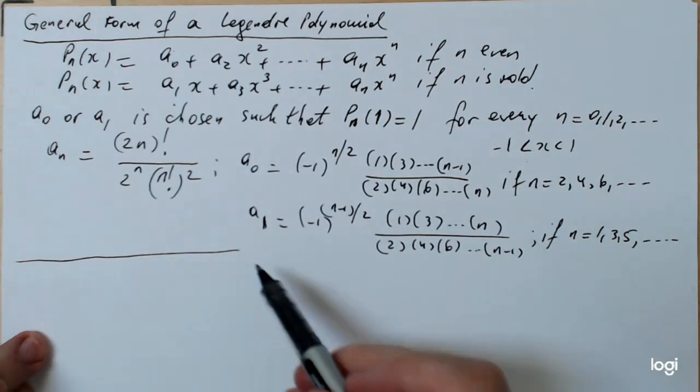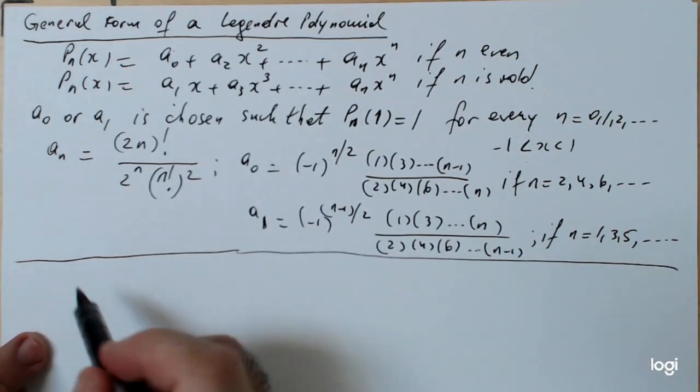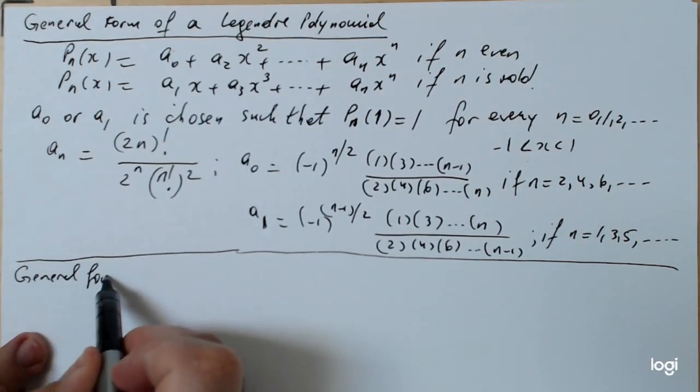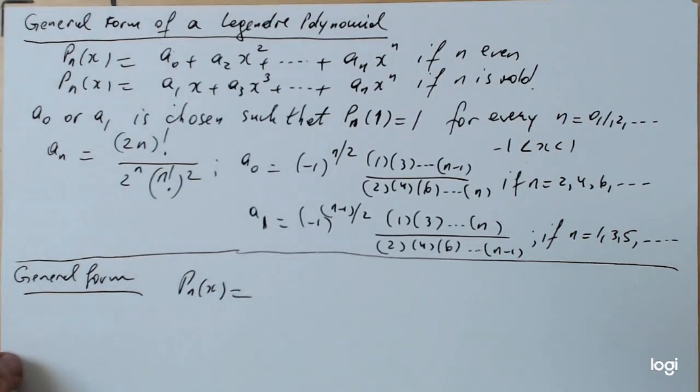So how do you write Pn of x for any n? There is actually such a closed format. The general form of a Legendre polynomial, again, is not going to be a pretty formula, but at least it's in one setting, so this encapsulates both types, even or odd.